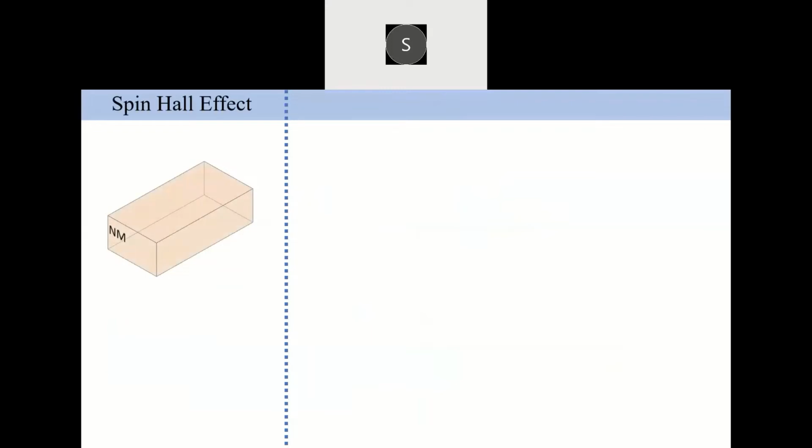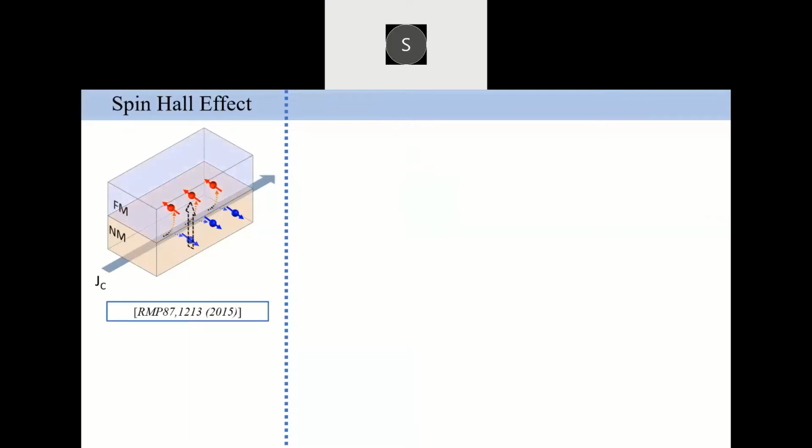In this case, if we pass charge current in a non-magnet, then opposite spins are separated in the transverse direction and we get a spin current perpendicular to the charge current and spin polarization direction. Now, if we have a ferromagnet adjacent to the non-magnet, then this spin current can apply torque on the magnet, and that can be useful for switching. There are mainly two types of spin orbit torques.